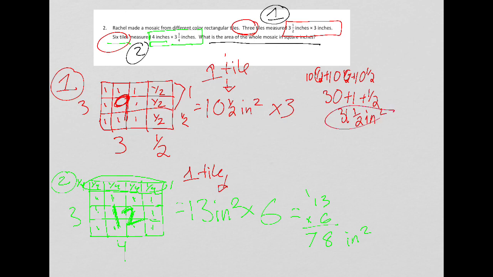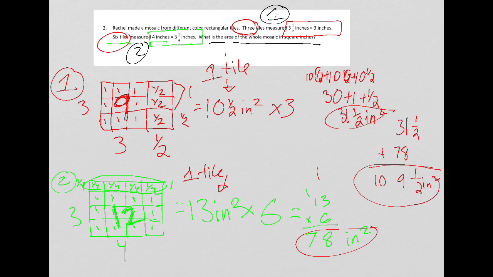So now I have my 2 pieces. I need to combine them together. 31.5 plus 78, 109 square inches is the total area. So I'm able to use the tiling method to help us figure out when you're multiplying a fraction times a whole number.